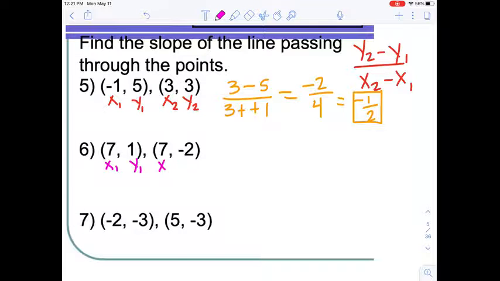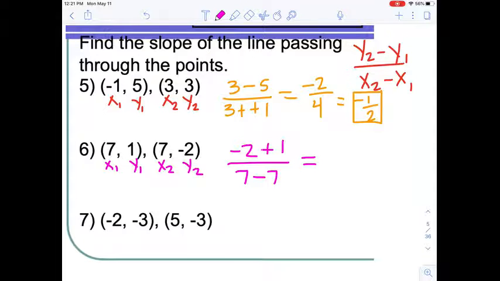For this next problem, again, I'm going to label these as x1, y1, x2, y2. And then I'm going to plug them into that same exact formula. So y2 is negative 2, so I'm going to start with that. Minus y1 is 1. Over x2 is 7, x1 is 7.